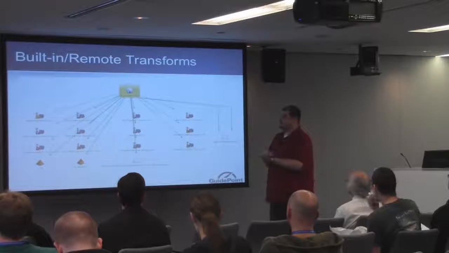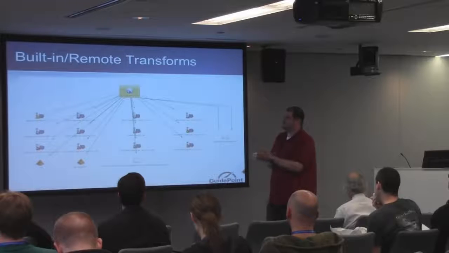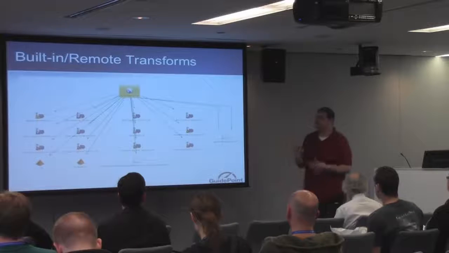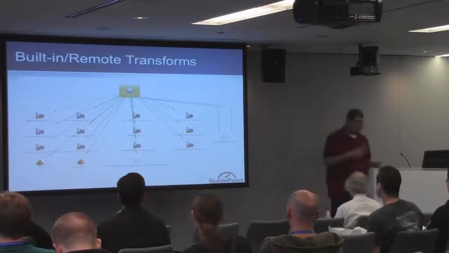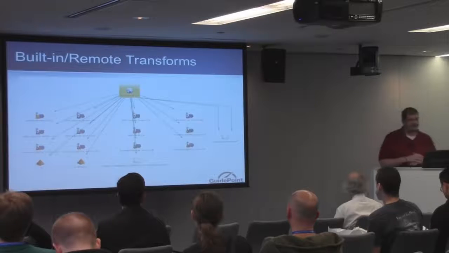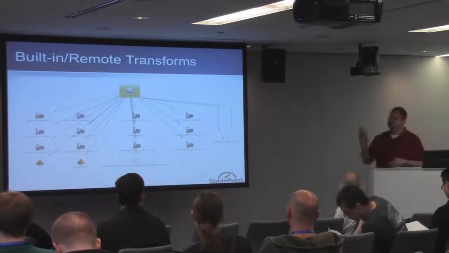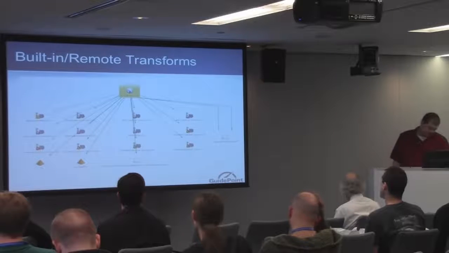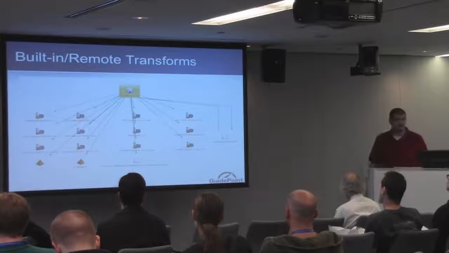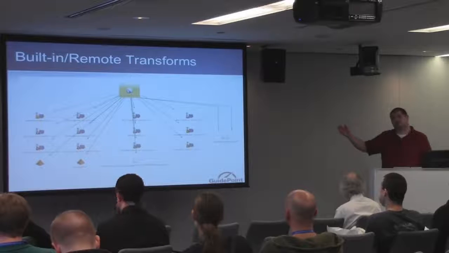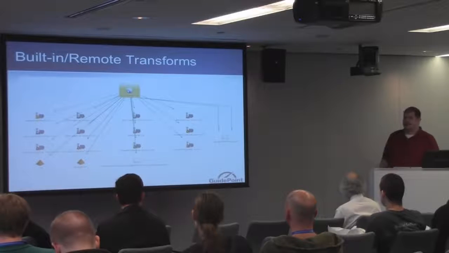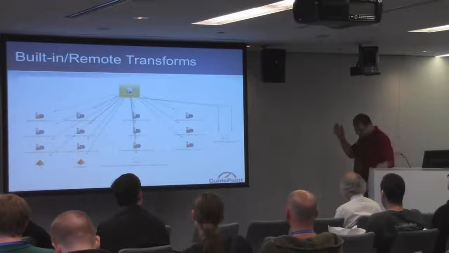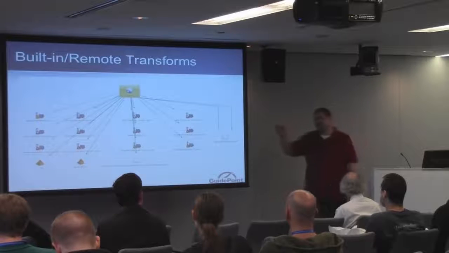Going back a bit, I jumped around, but there are two types of transforms, remote and local, right? And I kind of showed the built-in ones with remote. Remote transforms run on remote web application servers. Think of that web server as acting as a proxy for your Maltego client.